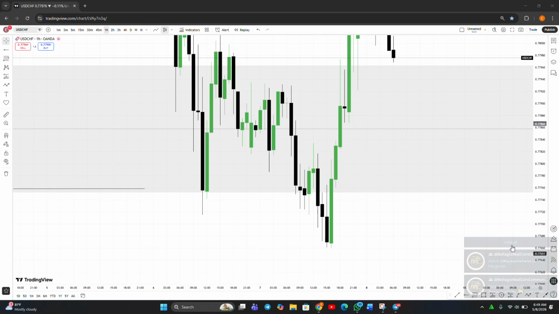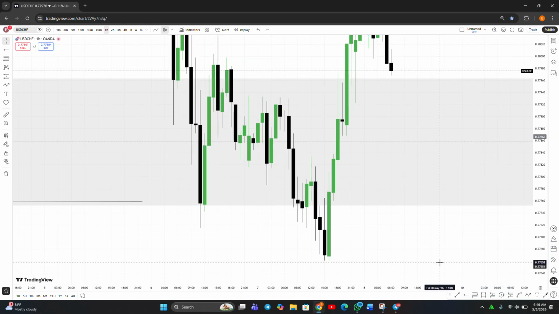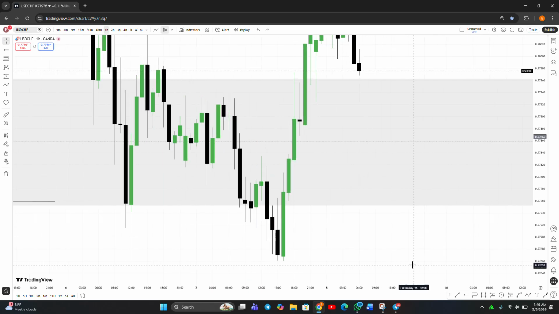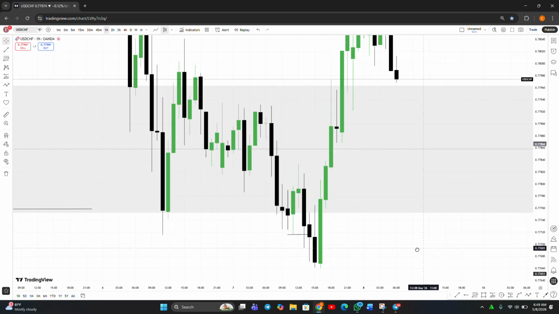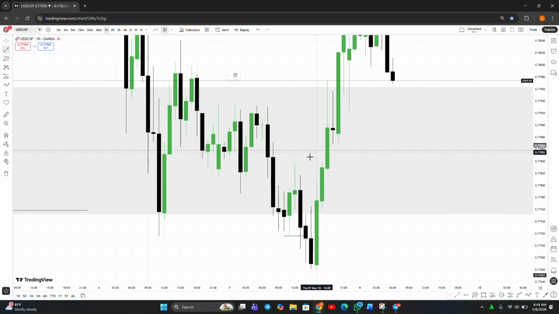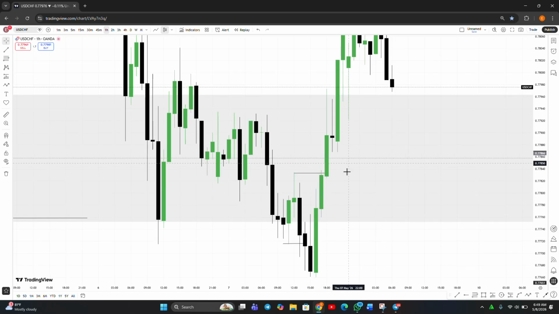So now look at the entry we are looking at. This is the entry we are seeing. I have a stop hunt here already. And now I'm having a break of structure. Well, not a break of structure for me. Why? Because it's not breaking with a full body candle.